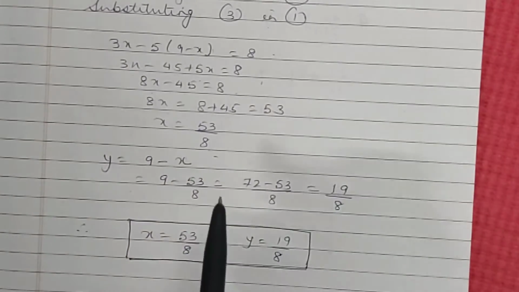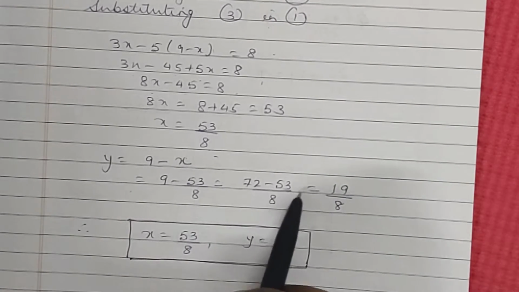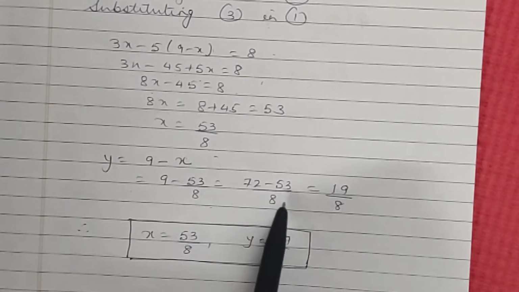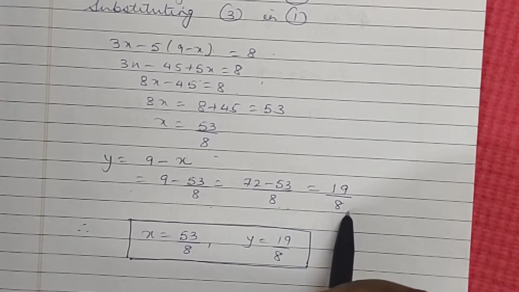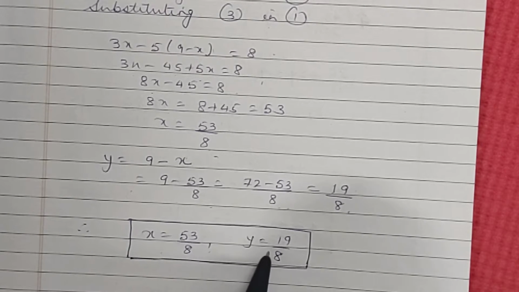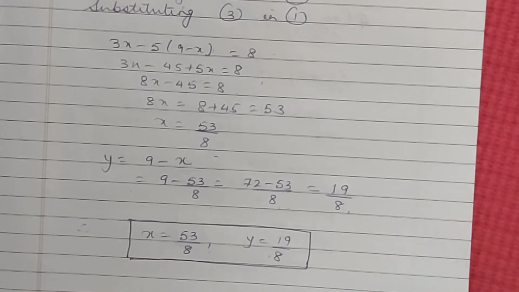When you put it, you will get 72 minus 53 by 8, because 9 8s are 72. Taking the LCM, that is 19 by 8. So we have got x equals 53 by 8 and y equals 19 by 8. This is how the substitution method is used.